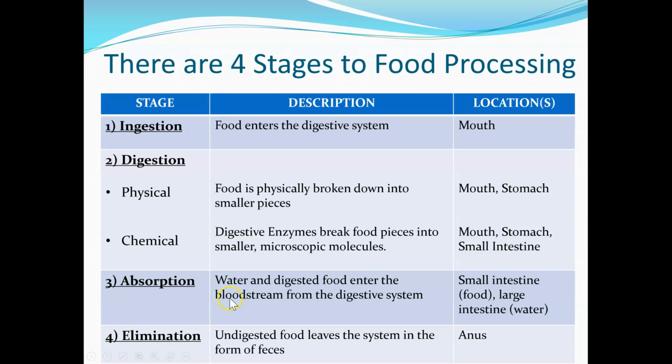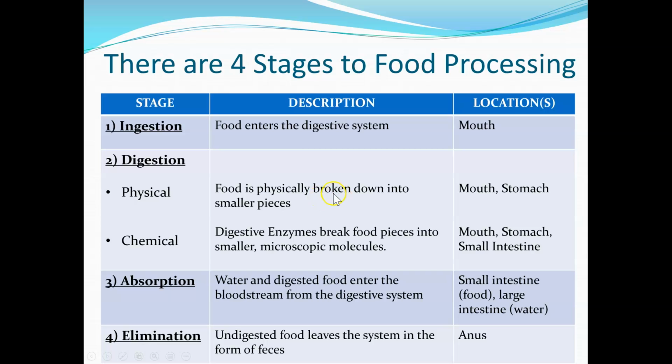So there are 4 stages to basic digestion, or the processing of food. There's the ingestion stage, whereby the food enters into the digestive system through the mouth. Then there's the digestion stage, which includes the physical digestion that happens in our mouth in the beginning. It also happens in our stomach, but initially in our mouth.